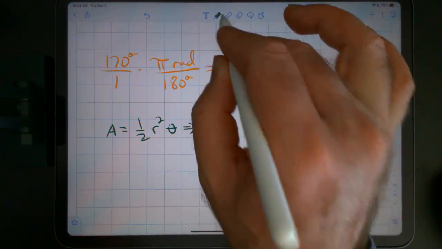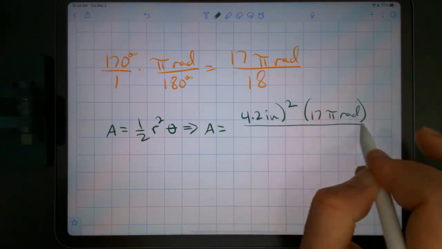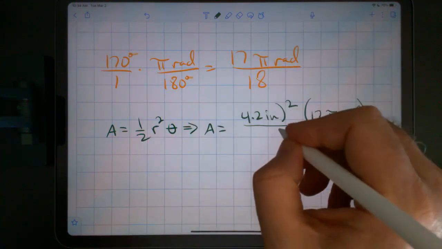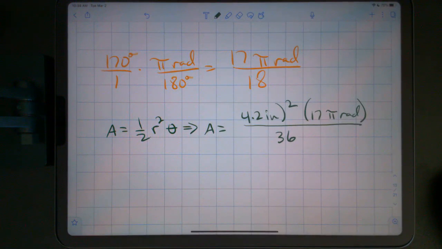Technically, that is your numerator. The denominator is going to be 2 times 18, which is 36.